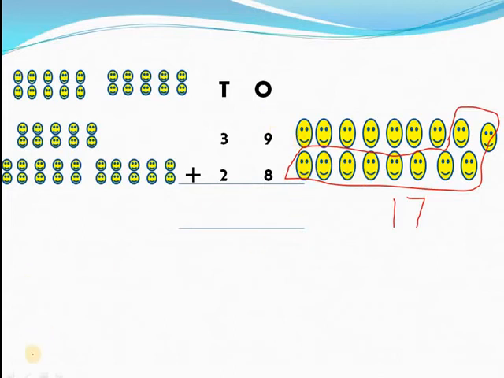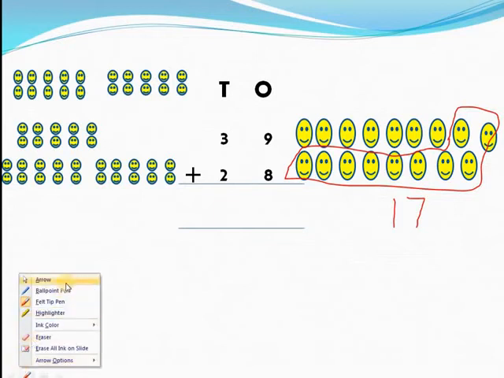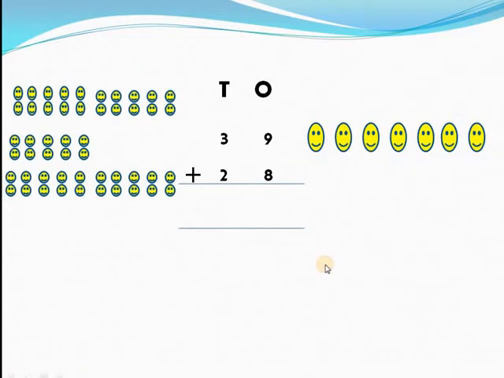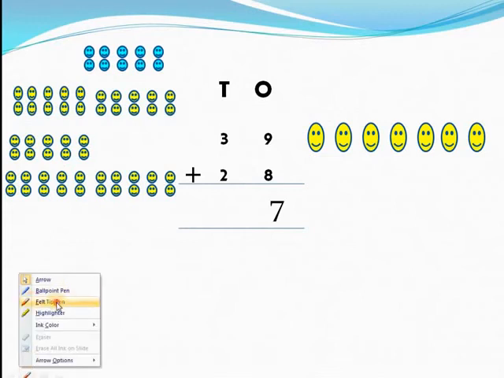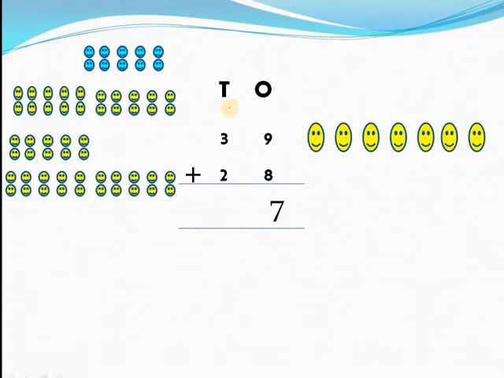So after taking away this from here, what is left in ones place is 3, and 3 and 6 is... 1 and 7. So your answer for ones place is 7, and the group of 10 which we have taken here, we have arranged that here, and we are going to carry over that one group to tens place.